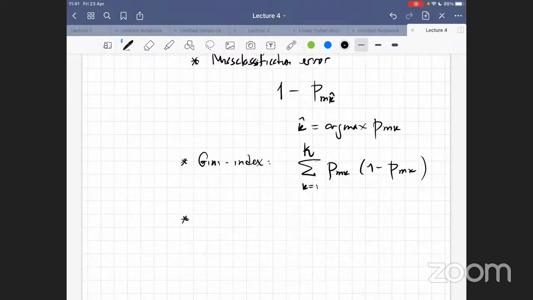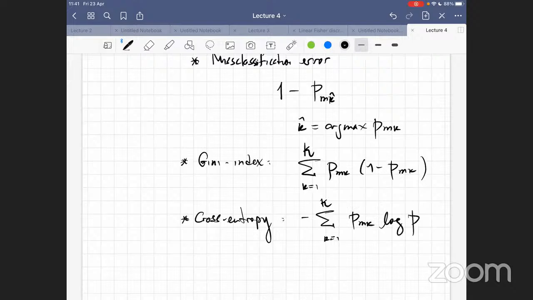And there is also, of course, as in many classification problems, the cross entropy, which in this framework is this sum of p log p, having more or less the same behavior as the Gini index, in the sense that if p is 1, then the corresponding term is going to be 0. All right.